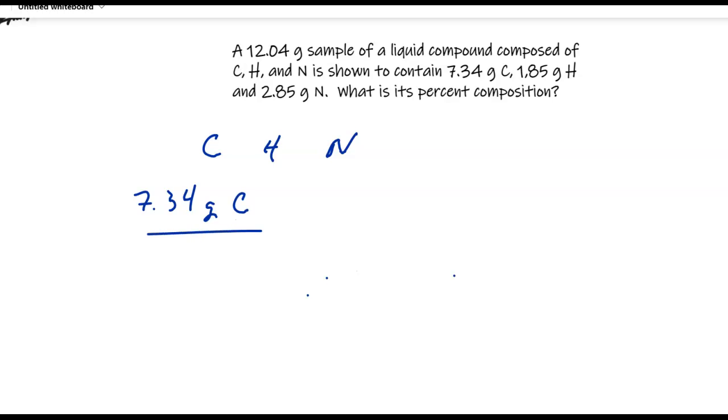I'm going to divide it by my total, 12.04 grams. I'm going to then do the math: 7.34 divided by 12.04 times 100.